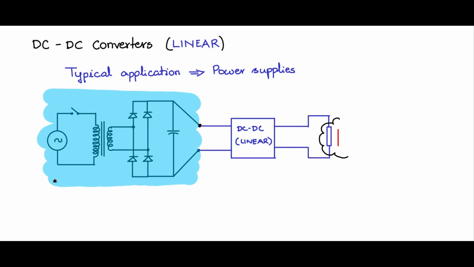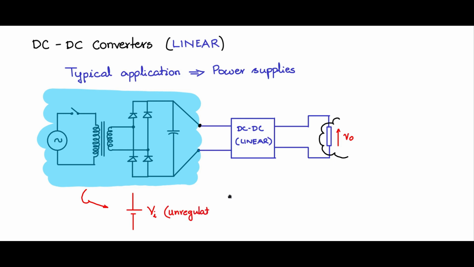So all this block is the input to the DC-DC linear regulator, and this portion is the output load V0. Now all this portion, the AC to DC portion, we can replace it by this symbol here, indicating that is VI as far as the DC-DC linear regulator is concerned.